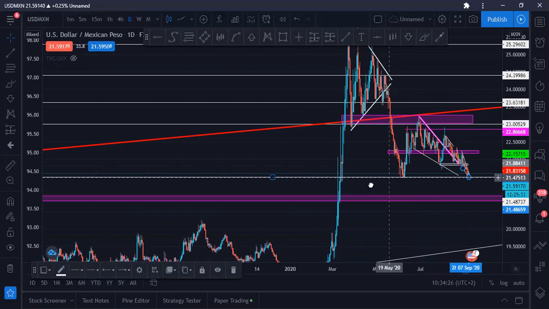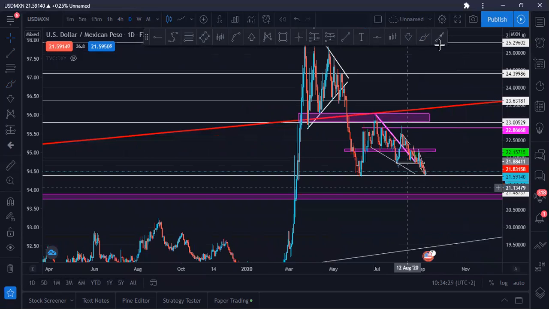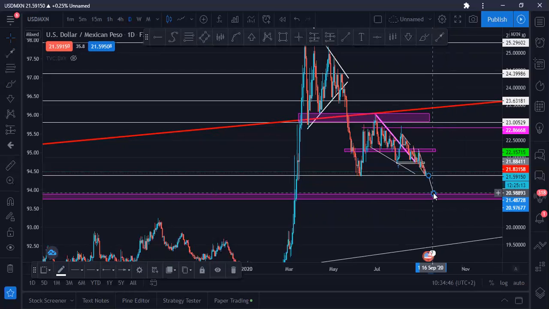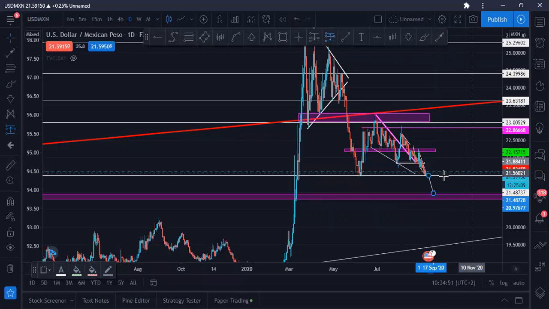If we lose this level, what I see happening is the market coming down. I see the Mexican peso coming down to about this level, 21.20, around there. Basically, the late 21.20s is our target. That would be a really fair trade if we had to take it to the downside. You don't want to risk too much.